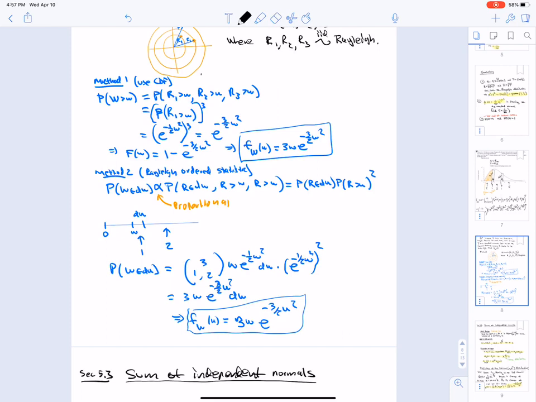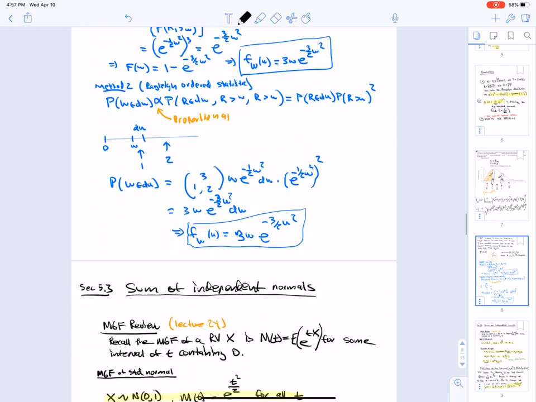And so the probability that W is in dw is that constant times w e to the minus 1/2 w squared dw, which is the probability that R is in dw, times the survival function squared. And work that out and you get exactly the same density.